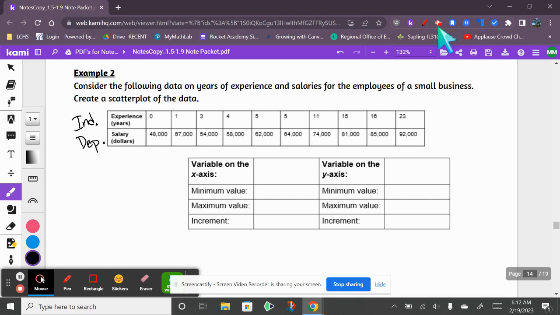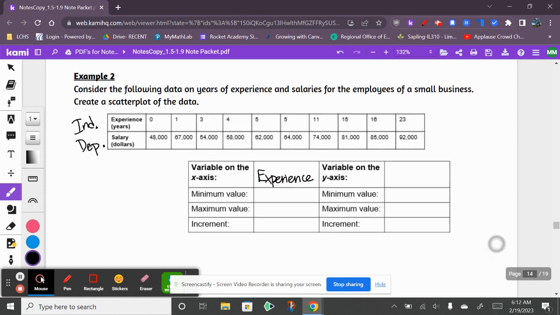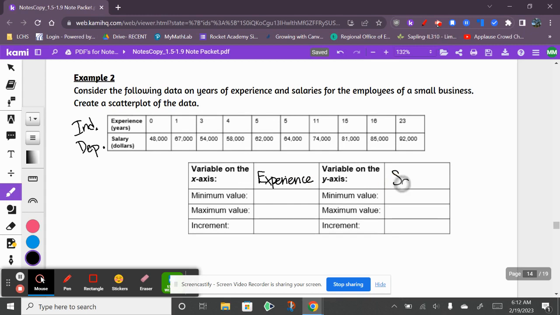Experience is kind of like what we can think of as our baseline. That's what we will use to determine what someone's salary is. Okay, I'm going to have us look at what each of the variables are. So we've got experience, and then we have salary.